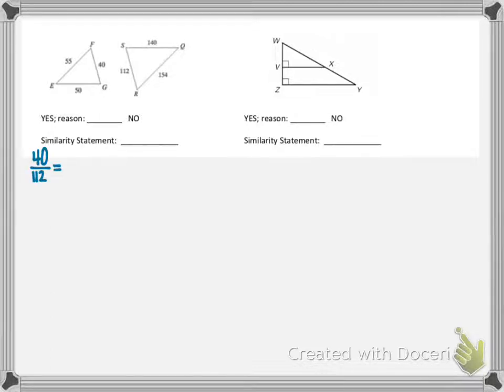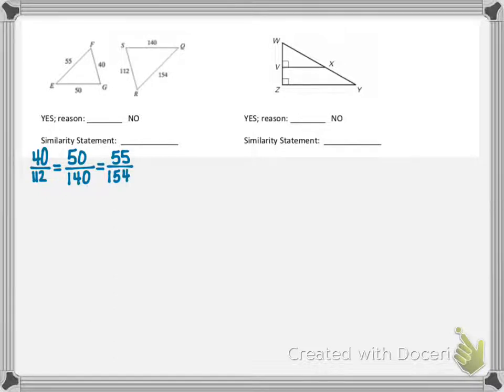Let's see if that's the same as the middle one, which is 50, and the middle one over there is 140. Then my longest side is 55 over my other longest side, 154.